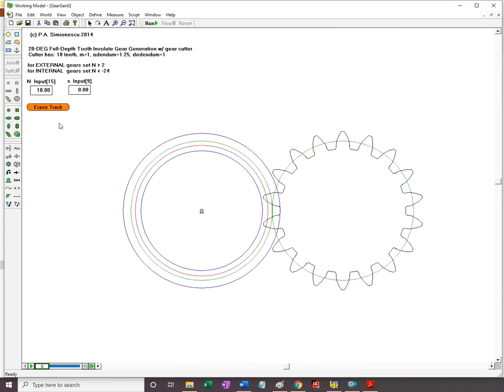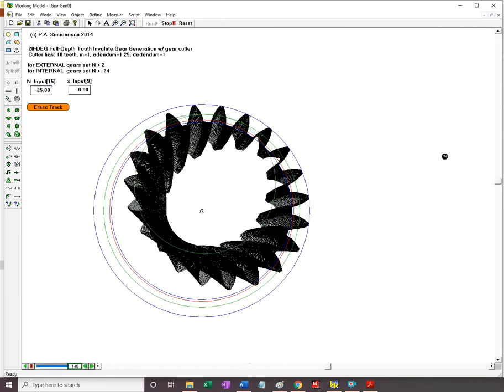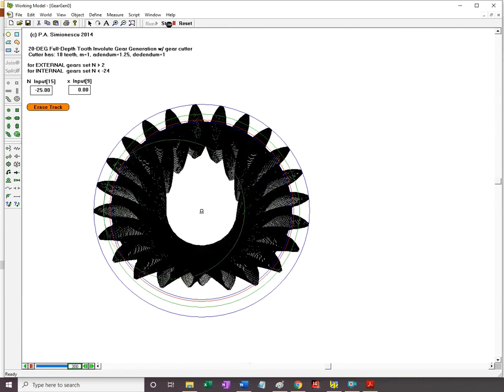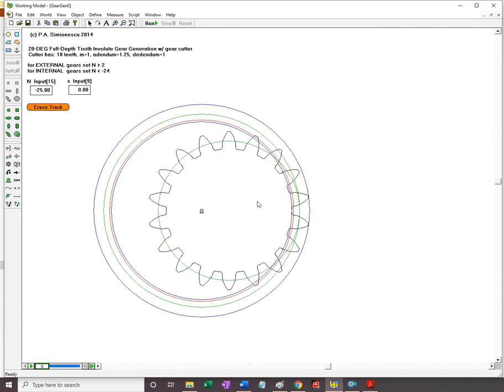You saw me. I could also, if I make this negative, generate internal gears, and here as well, the pitch circle stays unchanged for the cutting tool.